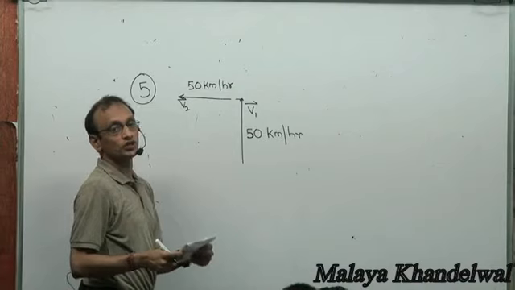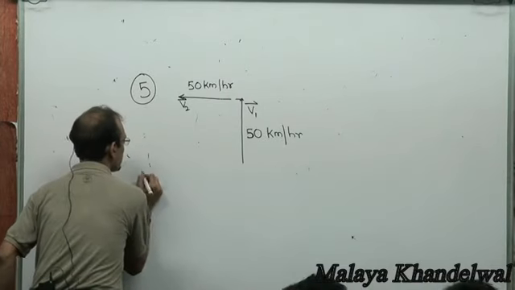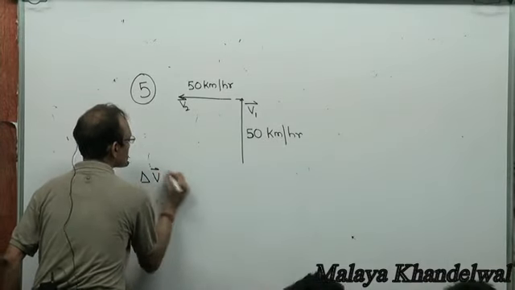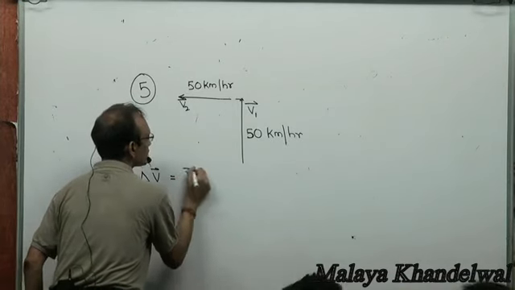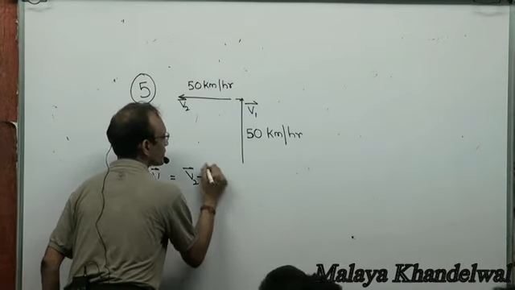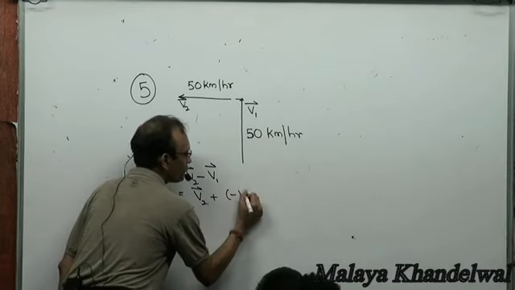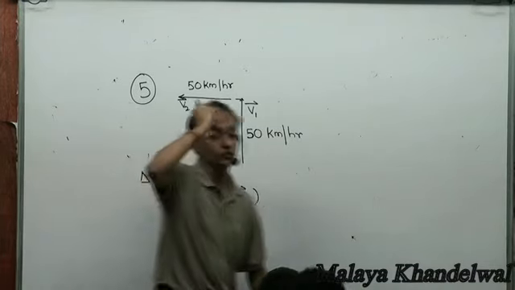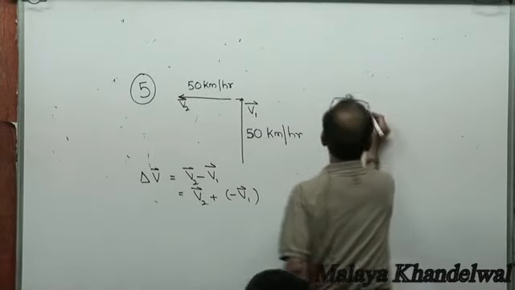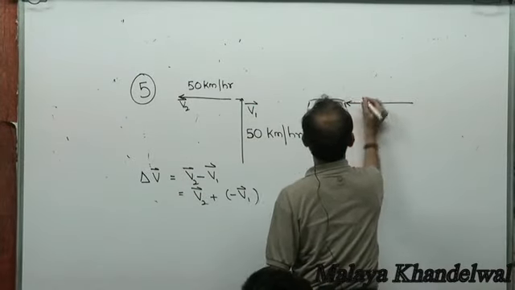The change in velocity of the car. Change in velocity is delta v, which is final velocity minus initial velocity. That means it's a resultant of v2 and negative of v1. v2 is still 50 kilometers per hour.